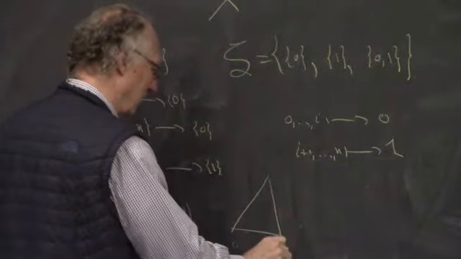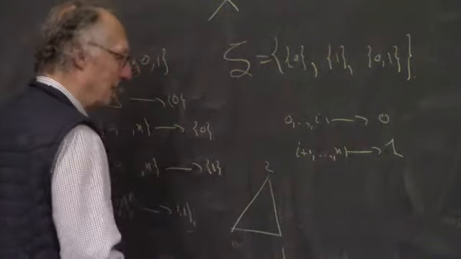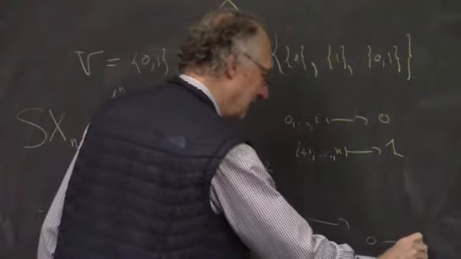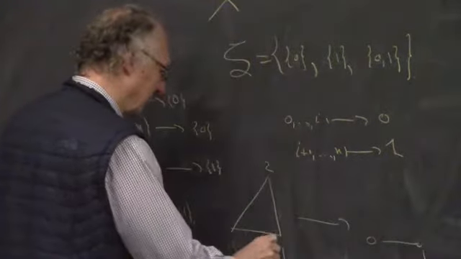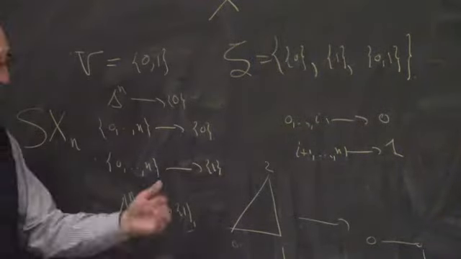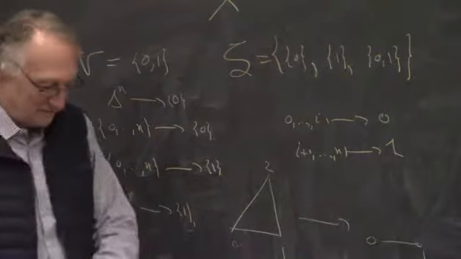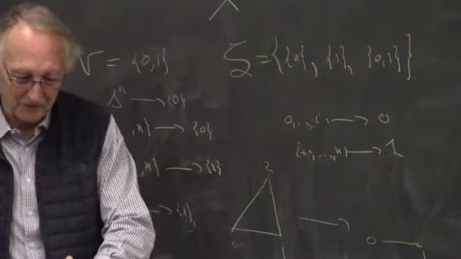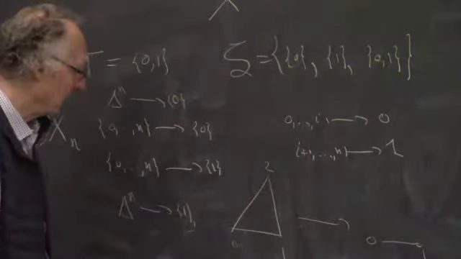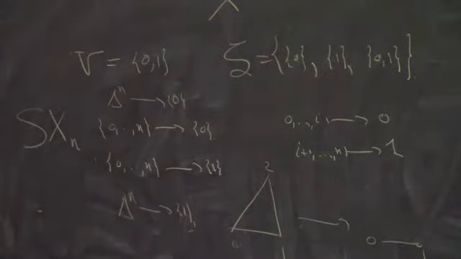If I were to take i equal 1 and n equal 2, this would go to 0, this would go to 1, and this would go to 1. In general, you send a certain first string of the vertices to 0, and then you jump over and send the rest to 1. So that's what this thing would look like.